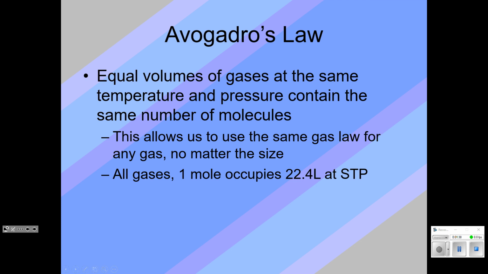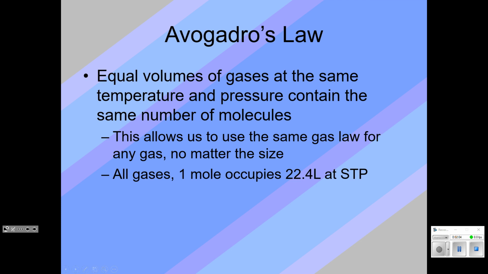This room can fit 24 individuals, regardless of the size. So that's what Avogadro's law is basically stating as well, is that the gases themselves can vary in size. However, since the space that they move around in is so much bigger compared to them individually, it doesn't matter what the gas is. Okay, so that's the kind of rationale behind it.